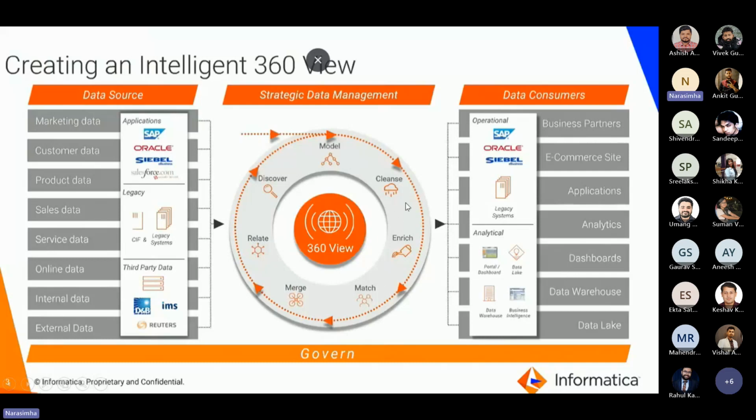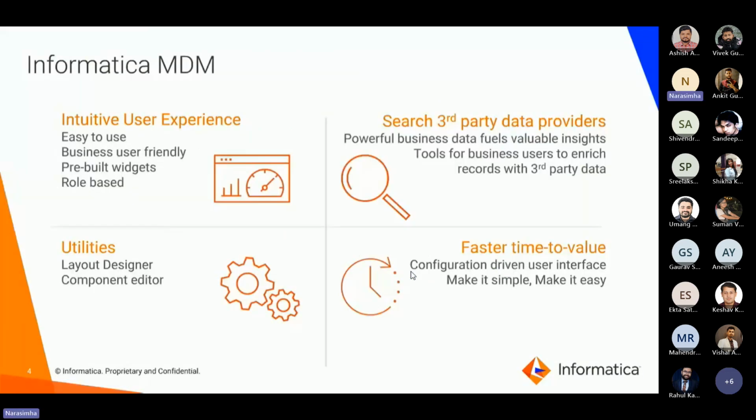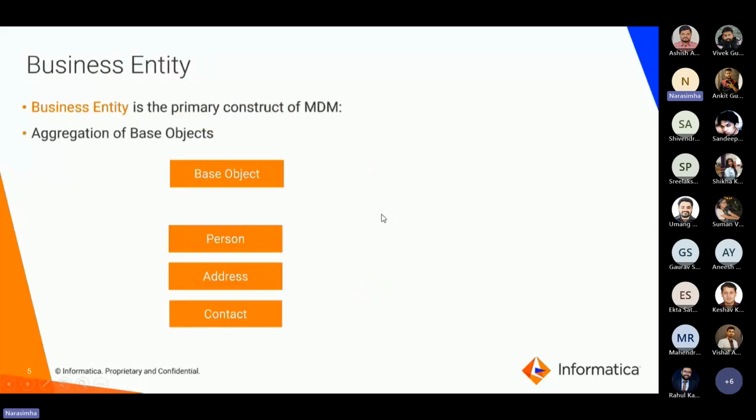So a 360-degree view can be achieved within this. These are general things that I copied from Informatica; you can see the Informatica confidential mark. User experience, utilities, all these are general things, but in reality you will not get all of them, only some.